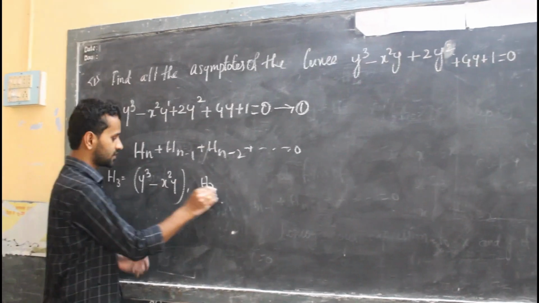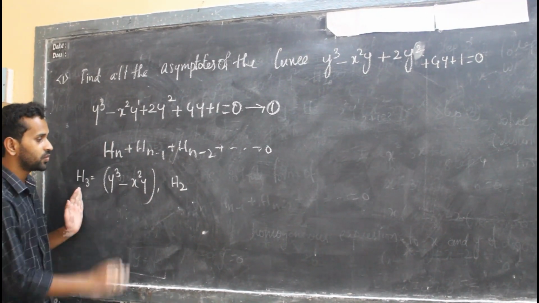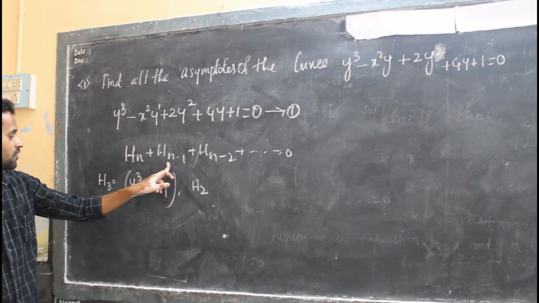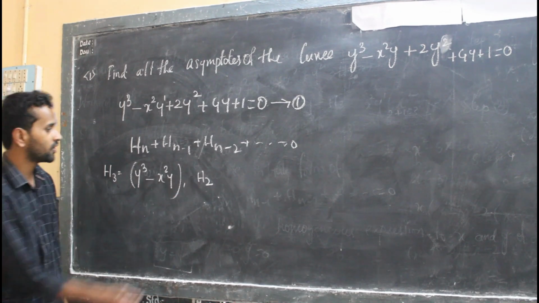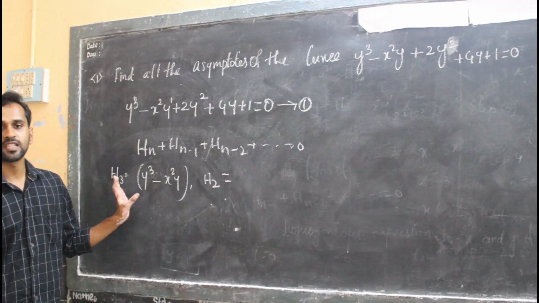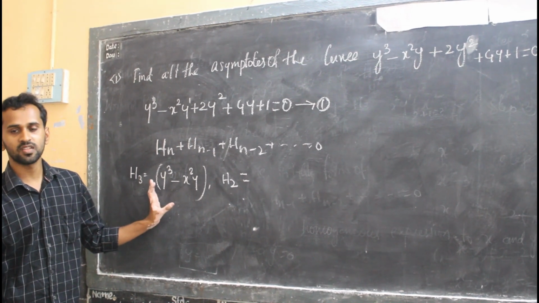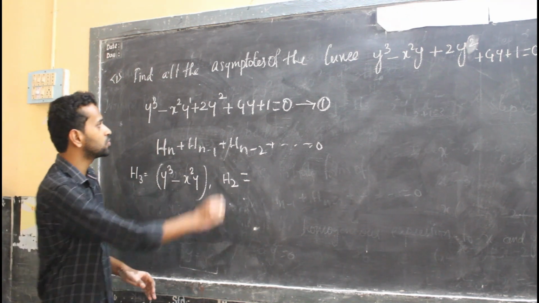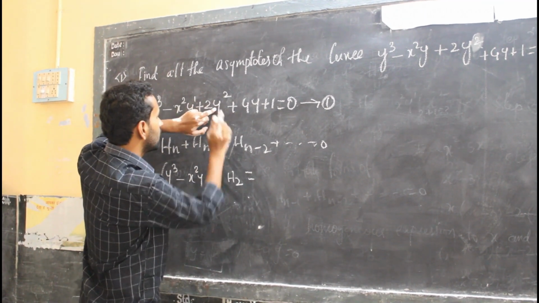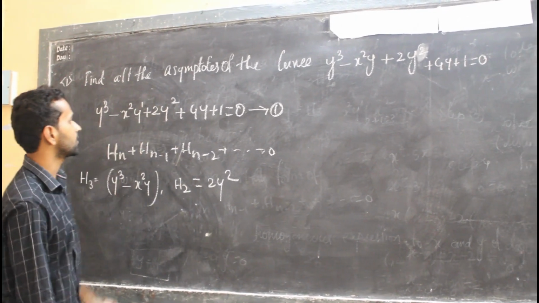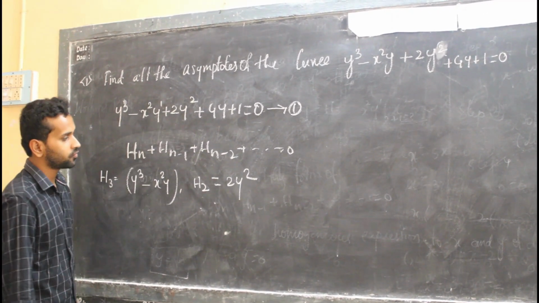Now h2. hn is over, hn minus 1 I am finding. So h3 is over, h2 I am going to find. h2 will be the homogeneous expression of x and y of degree 2. Looking at it, only 2y square I have here, since the degree of y equal to 2.